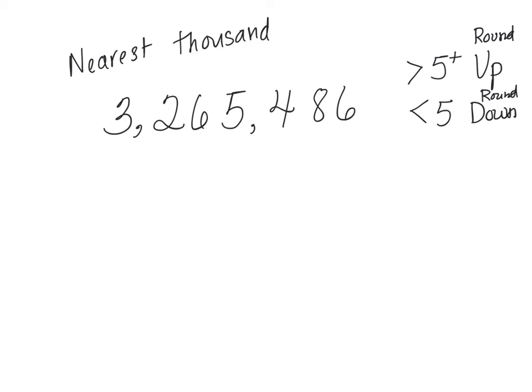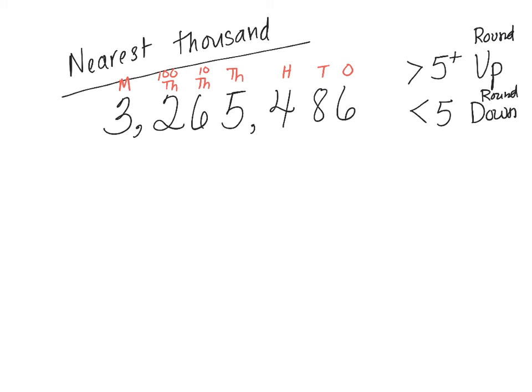So just a final example. If I have this number here, 3,265,486, I am rounding to the nearest thousands place. The first thing that I am going to do is identify my target number. So I'm just going to remind myself ones, tens, hundreds, thousands, 10,000s, 100,000s, millions.